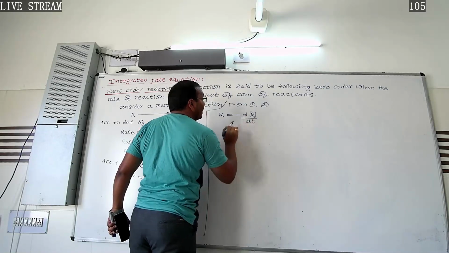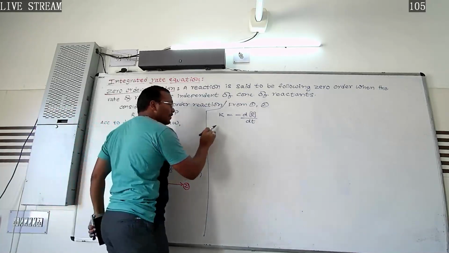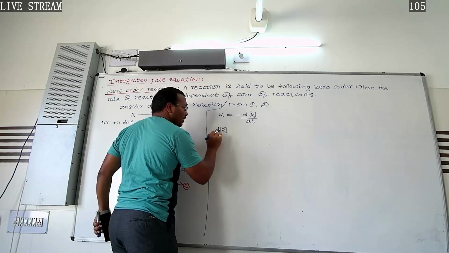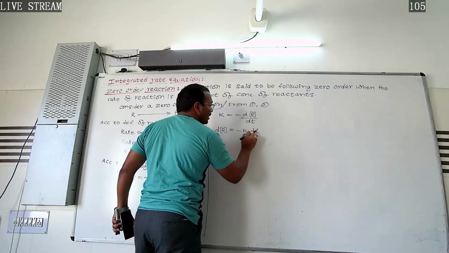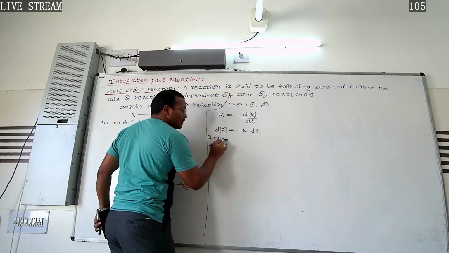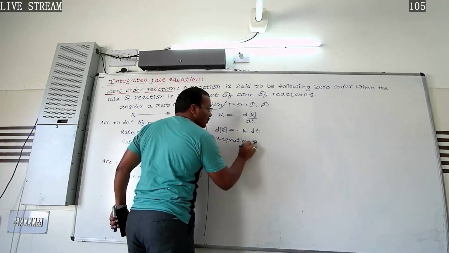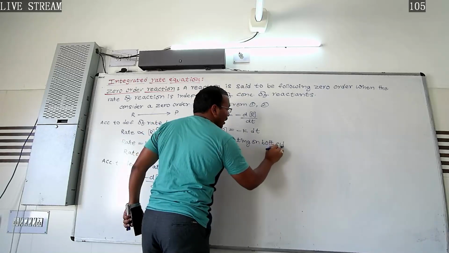So we have to find the integrated rate equation. So here we will do simplification. dR is equal to minus K into dt. Now integrating on both sides, yes, what happened?